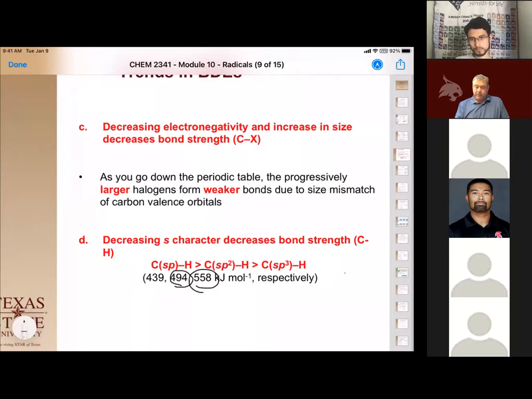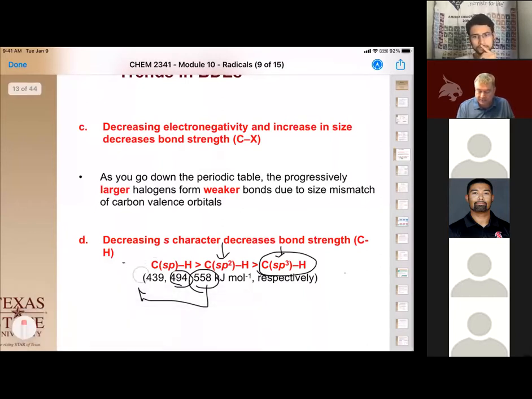It seems backwards, but oh, these numbers are backwards, that's why. So this is the strongest one because it has the most S character, then this one and this one. So this is the weaker, the more acidic. Yeah, so this is worded incorrectly, I'm sorry.